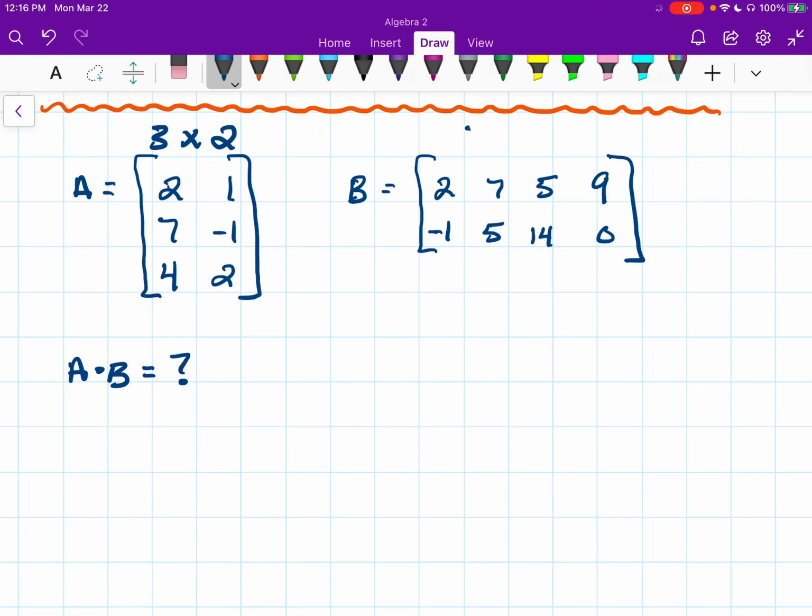And the second one is a 2 by 4, 2 rows and 4 columns. The middle numbers match, so we're good. We can multiply these. Our result is going to be a 3 by 4 matrix, 3 units tall and 4 elements wide.